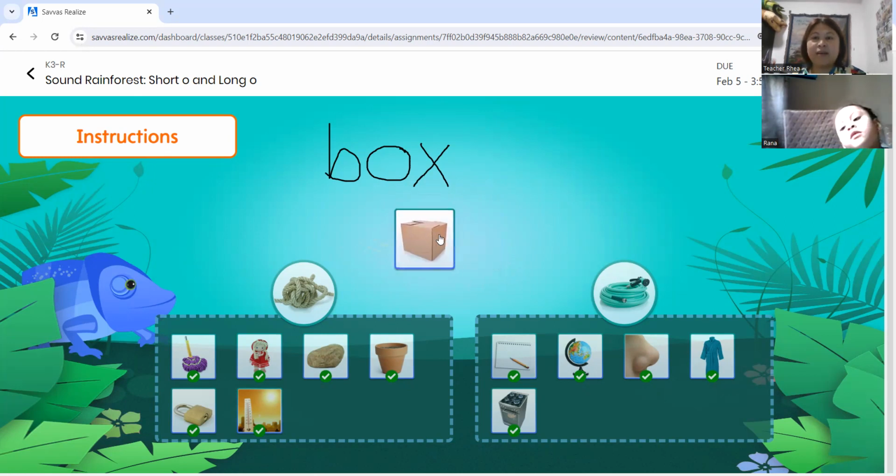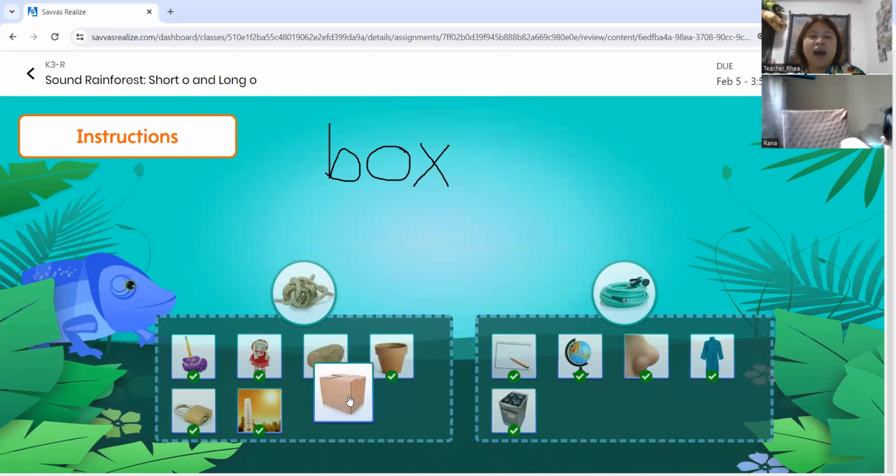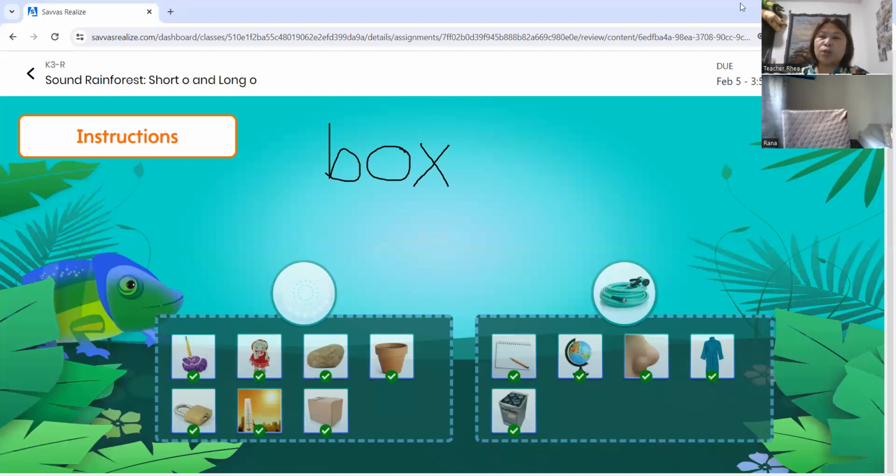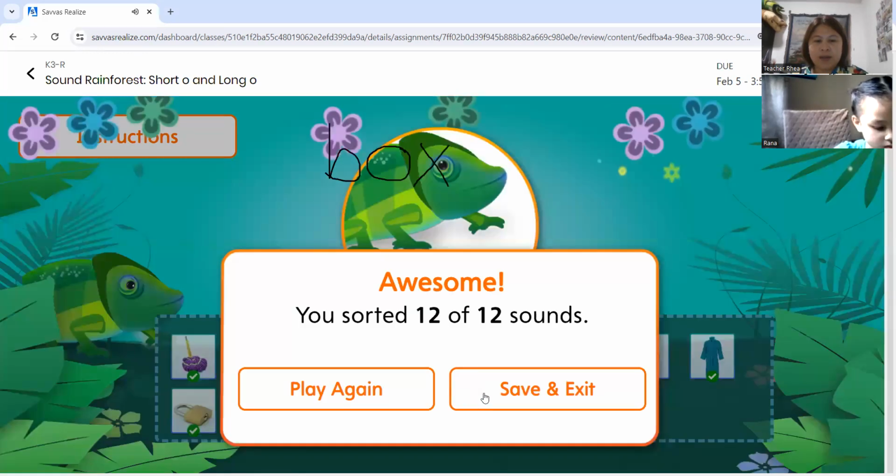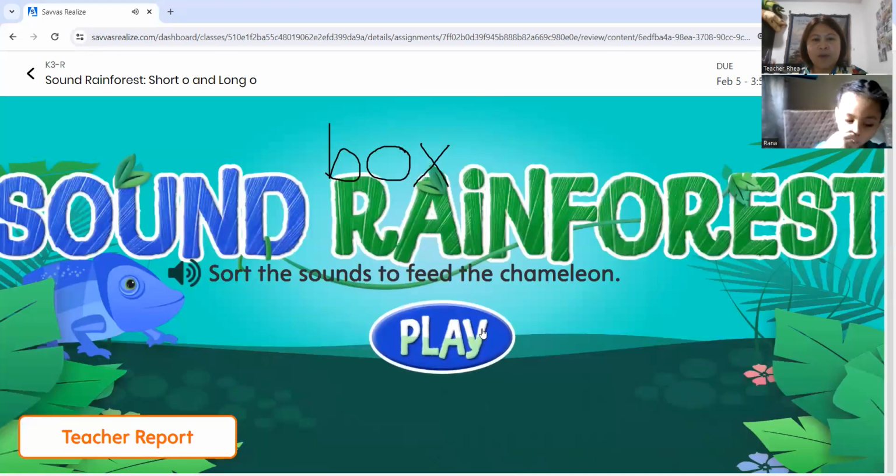No, it's under the knot. Under the knot because it's a short O. Okay. Awesome. Very good, Rana. So we're done with your assignment.